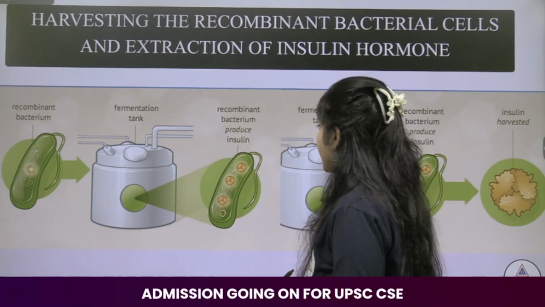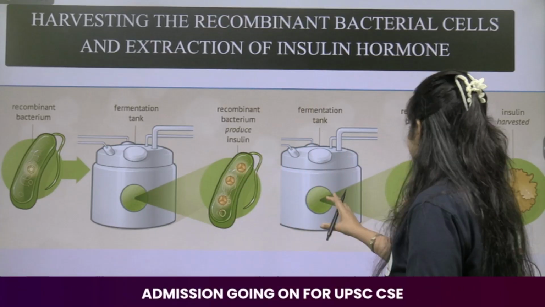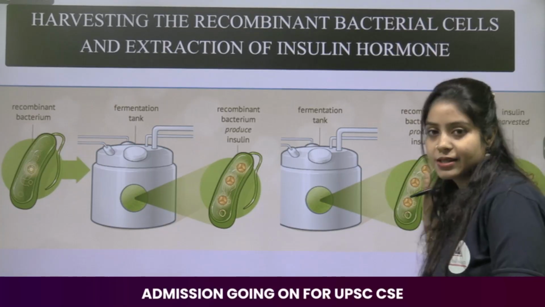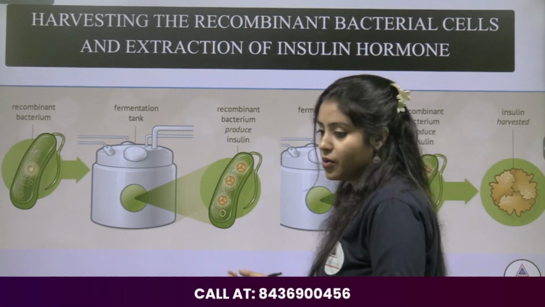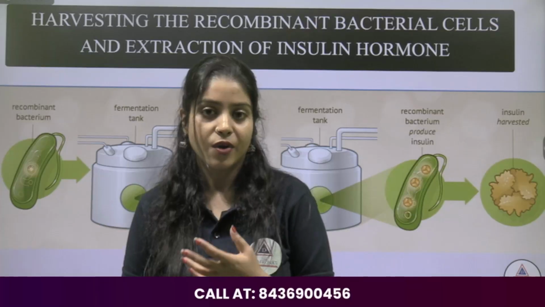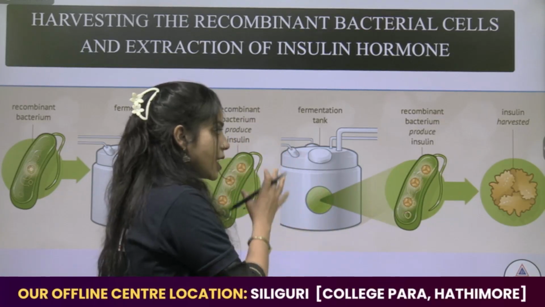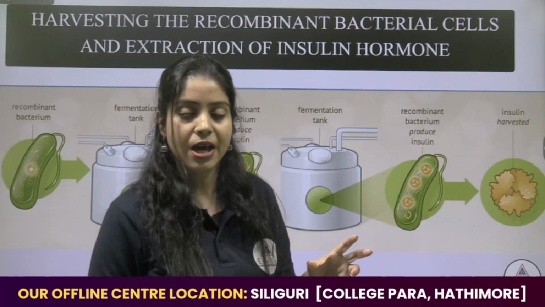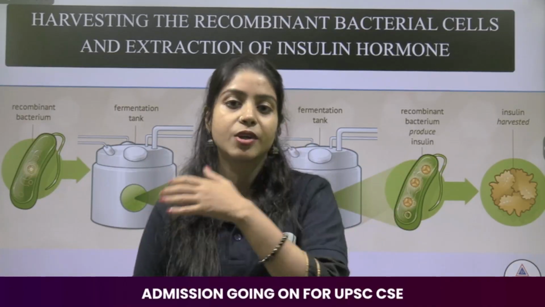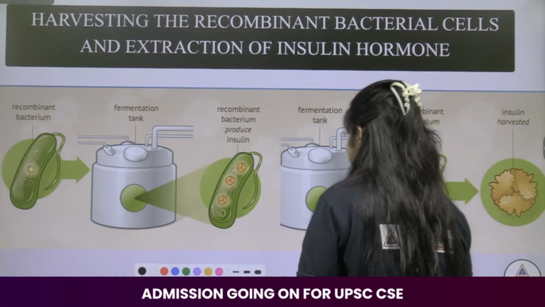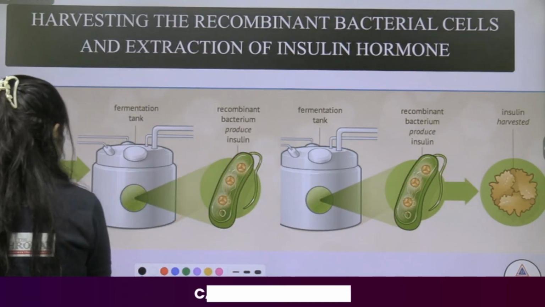After a certain time, we extract the insulin hormone from the bacterial cells, and we can purify it for future use. This is a very simplified concept behind genetic engineering and recombinant DNA technology. So now I am going back to the biology question.